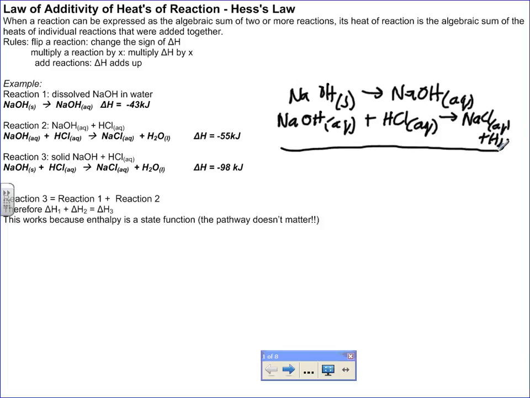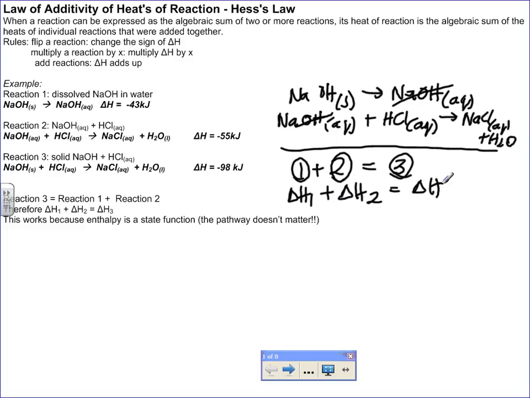When I add these two reactions, the aqueous sodium hydroxide simplifies, and what I have overall is a reaction between solid sodium hydroxide and hydrochloric acid to produce sodium chloride and water. So reaction 1 plus reaction 2 is equal to reaction 3, and the delta H of 1 plus the delta H of 2 is equal to the delta H of 3.